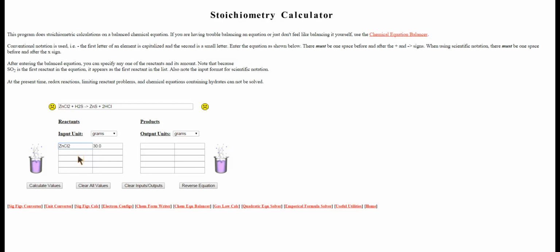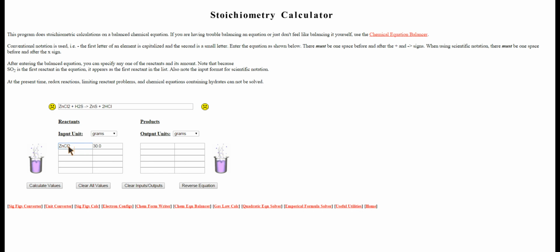Zinc chloride. Calculate. Yep, that's still the same because it's a 1-to-1 ratio. Okay. Now let's look at molecules. Keeps deleting my equation. Plug that back in. I guess we want to hit clear inputs, not clear all values. That'll make your life a little bit easier.